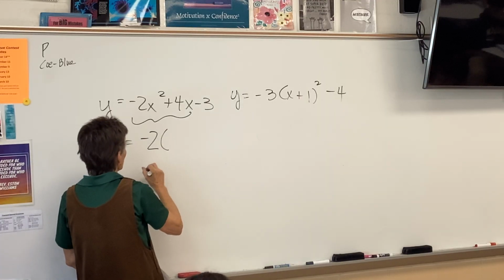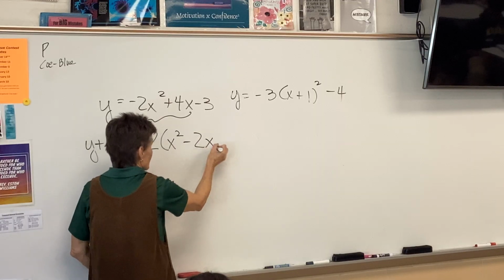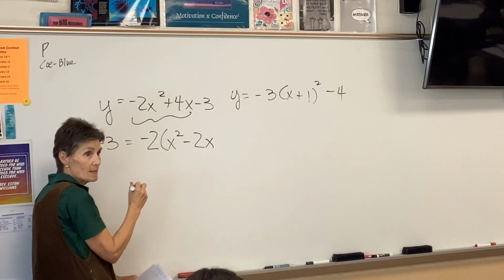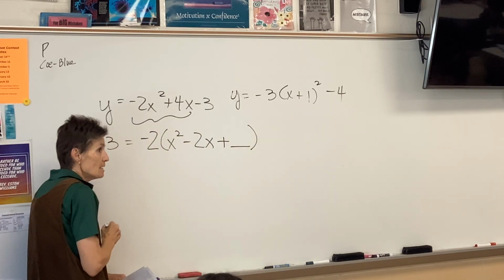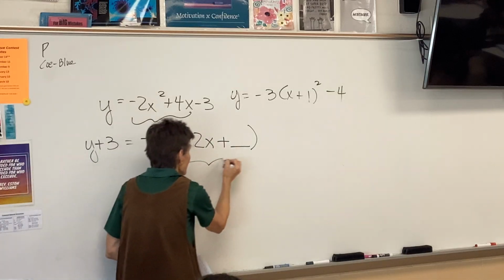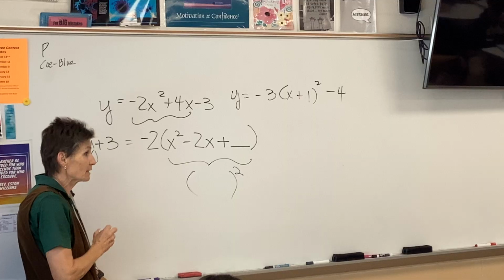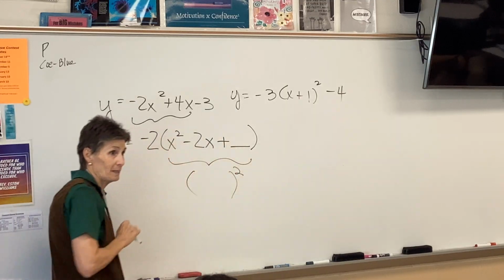So I'm going to have x squared minus 2x. Would you agree with that? So far? And then I'm going to put a plus blank because I need to make this into this. So I'm going to complete the square and figure out what's going to go in that blank.